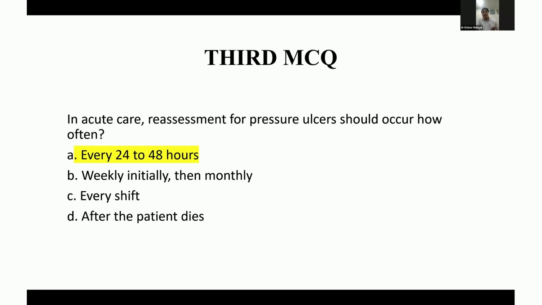These are two different things. You have to work every shift to prevent a pressure ulcer, but the assessment of whether the grading has increased or a major change in risk factors has happened has to be done every 24 to 48 hours. That is the difference which Dr. Prateek is trying to ask. So option A is the correct answer.